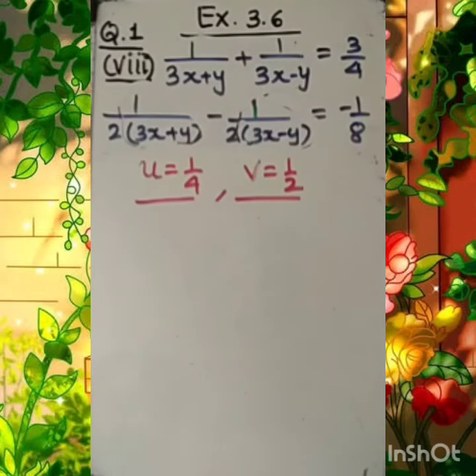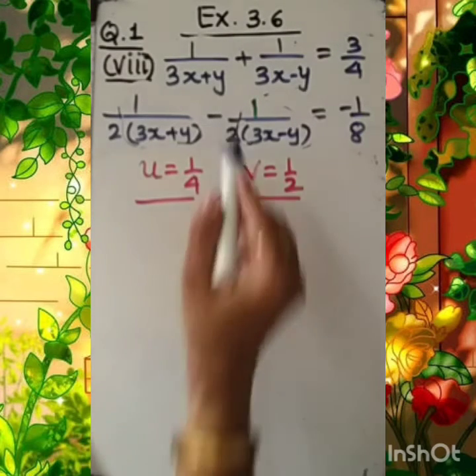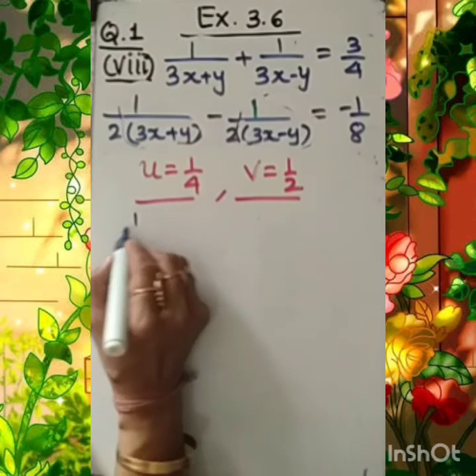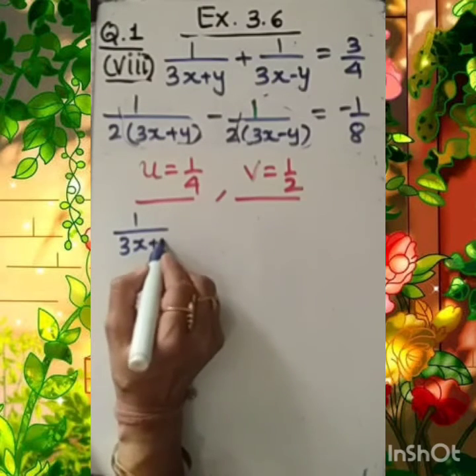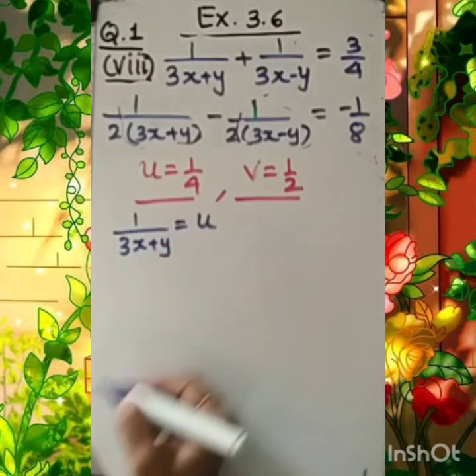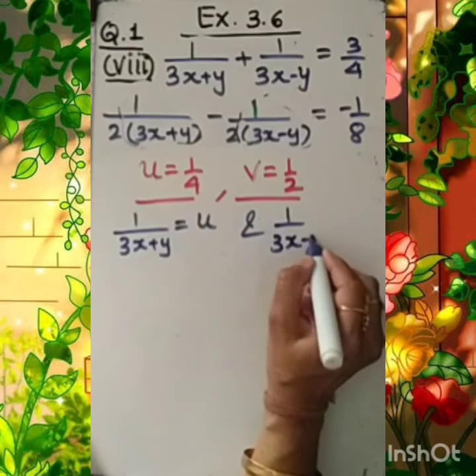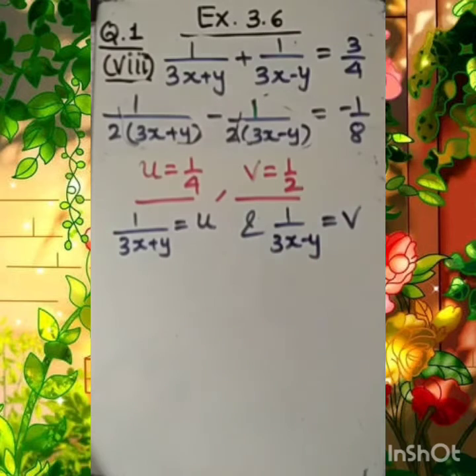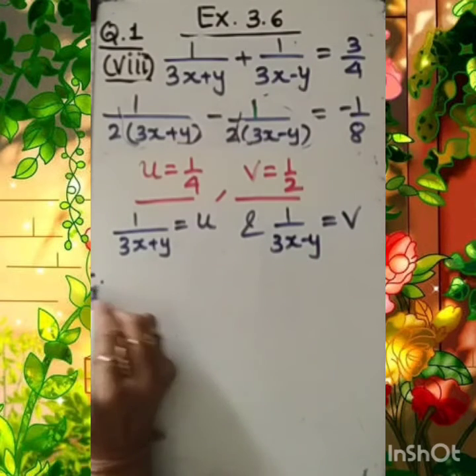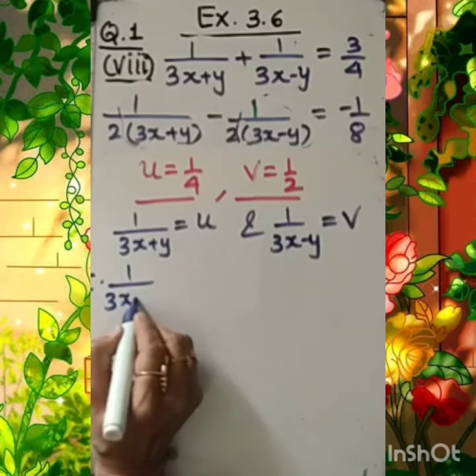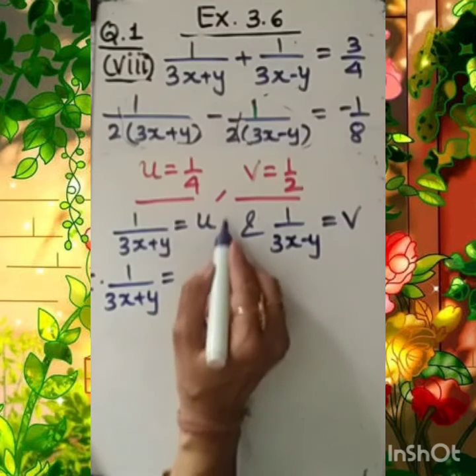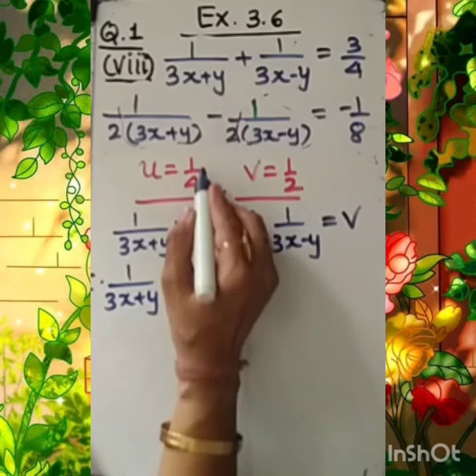Now what we assumed in the beginning: we assumed 1 upon 3x plus y is equal to u, and 1 upon 3x minus y we assumed as v. Very simple. 1 upon 3x plus y will be as it is. What is the value of u we are getting? 1 by 4.